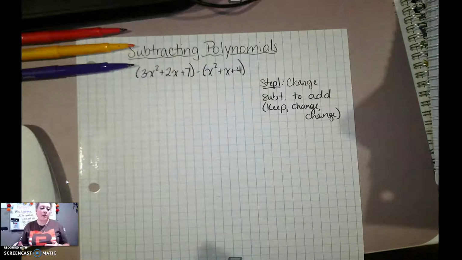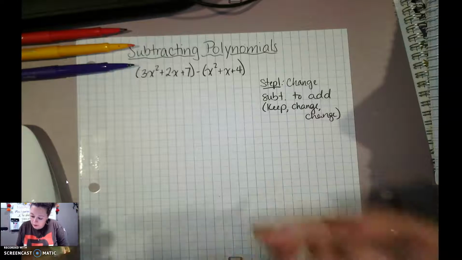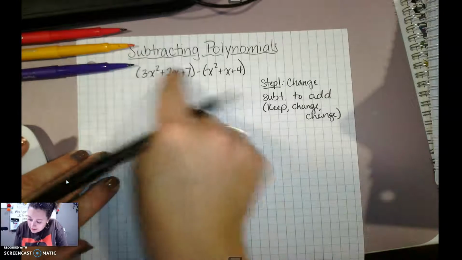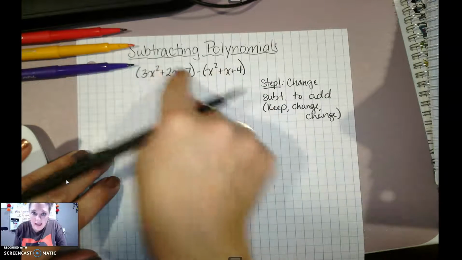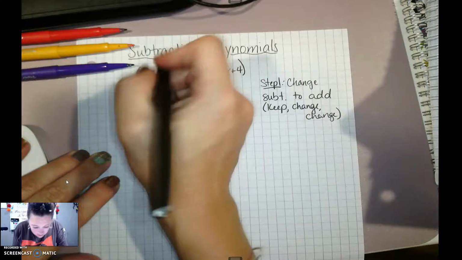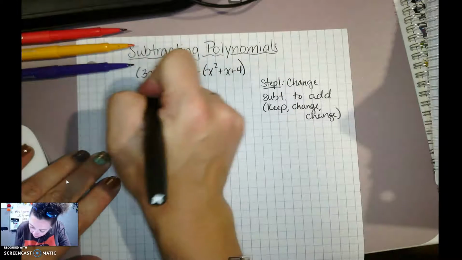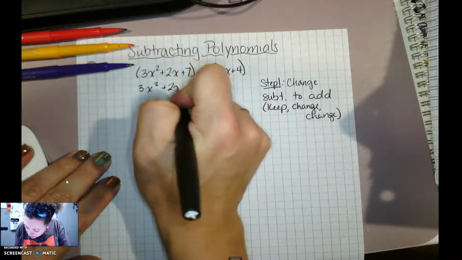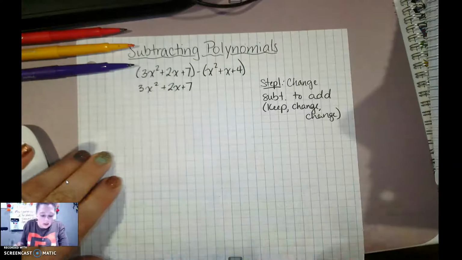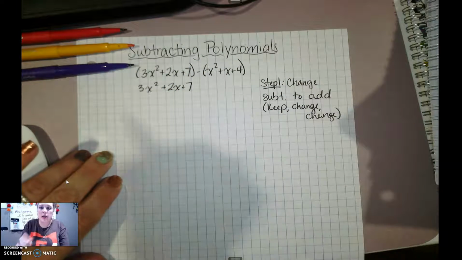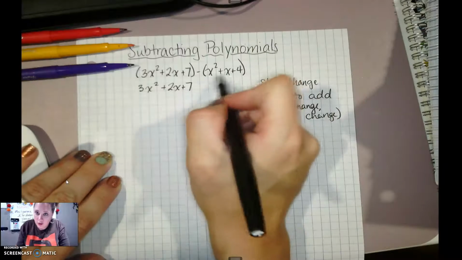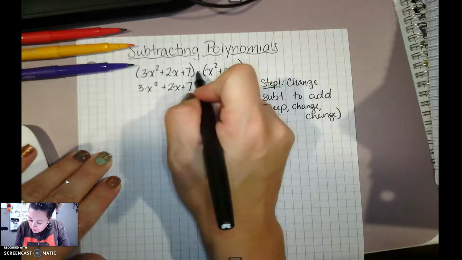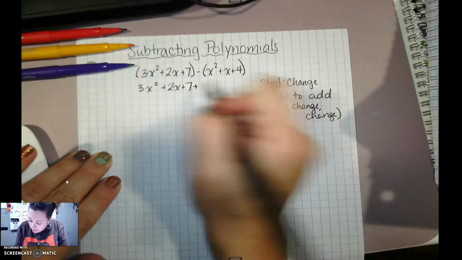So when we look at our polynomials, we're going to keep the first polynomial the same. This is being taken out of this, so we're going to keep this the same. So step 1 here, we're going to keep 3x squared plus 2x plus 7. What's going to happen is we're going to change the other polynomial. I'm going to change my minus to a plus.